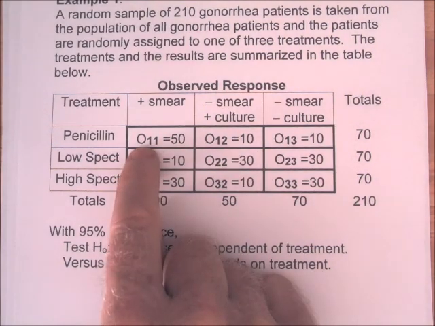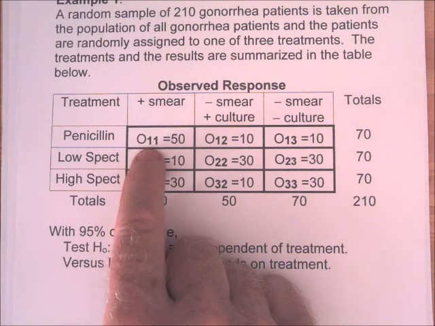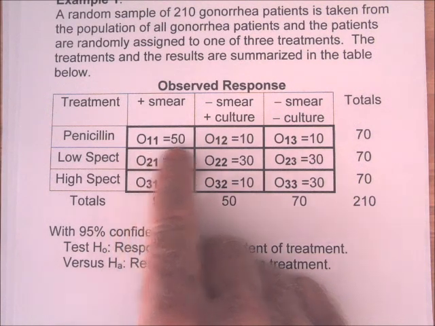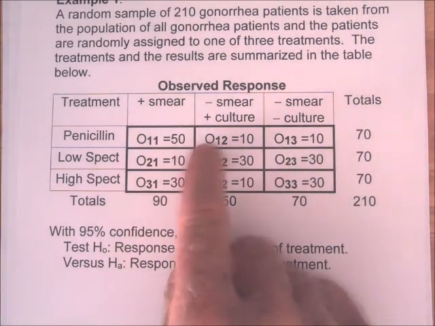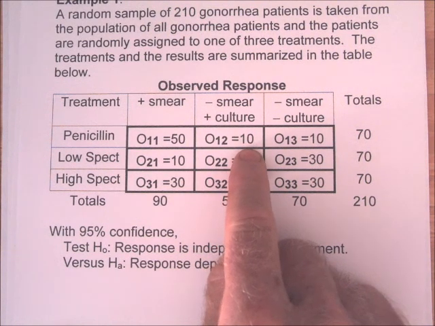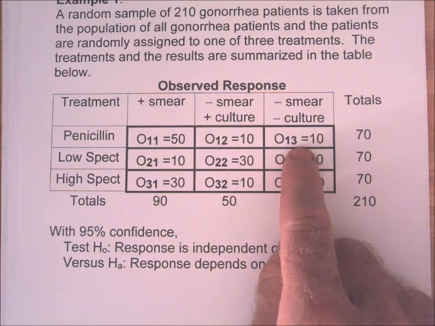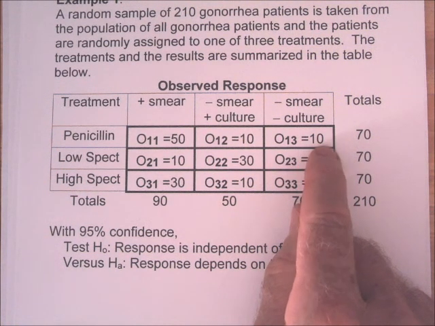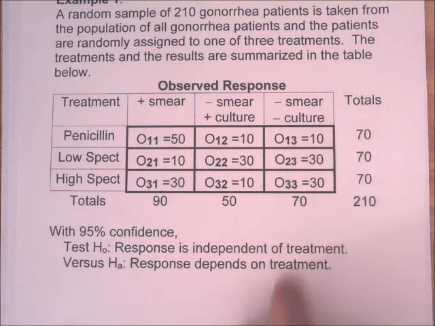So O11 is the observed in row 1, column 1, O12 is observed in row 1, column 2, O13 is observed in row 1, column 3, and so forth.